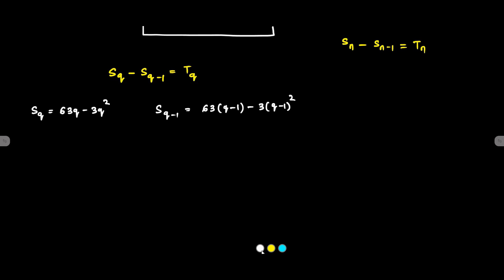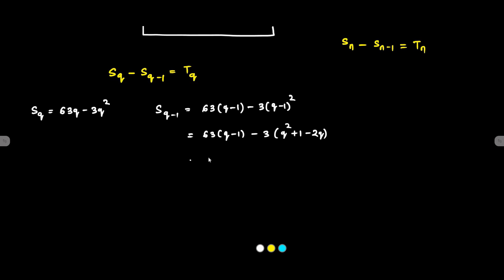So Sq minus 1 is equal to 63 into q minus 1 minus 3 into q square plus 1 minus 2q.